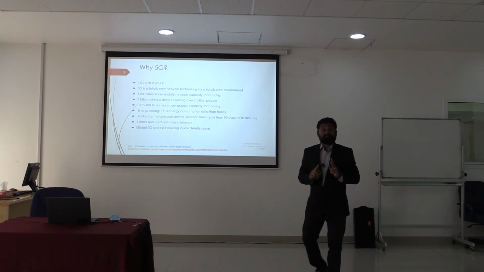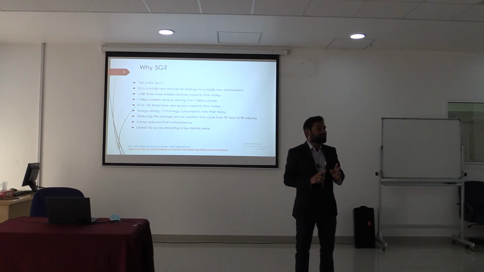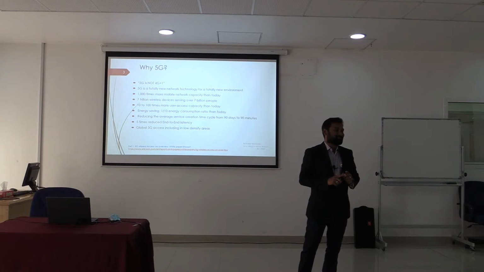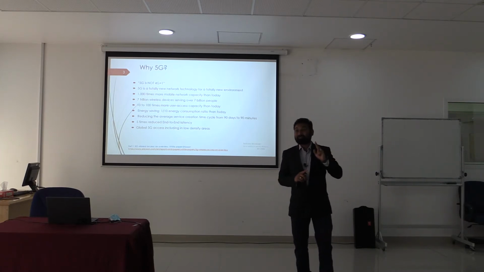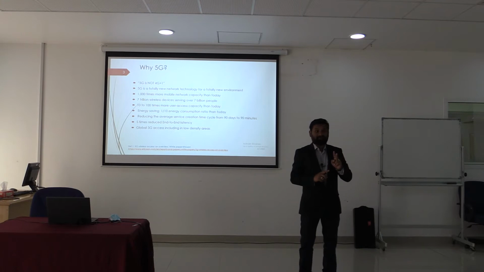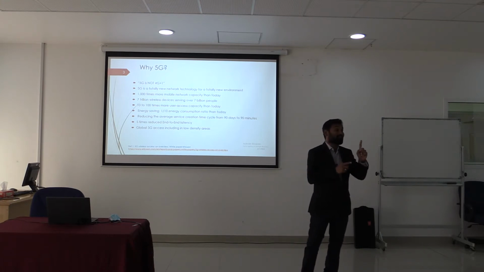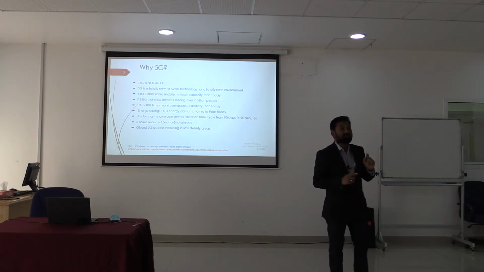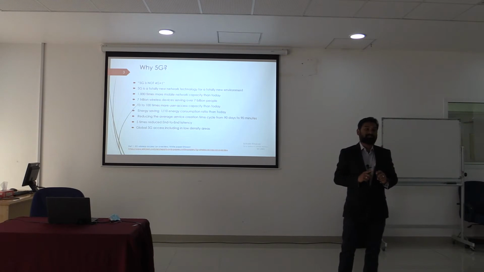But for this 5G FR1, the minimum frequency band is 700 MHz. I hope we all remember 2G is in the 800 MHz spectrum, 800 to 900 MHz. So the 5G FR1 is closer to the sub 1 GHz band, which is close to your 2G system.